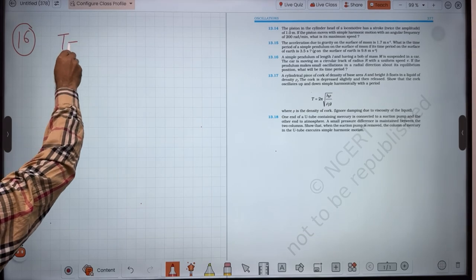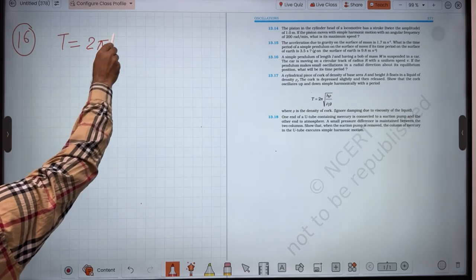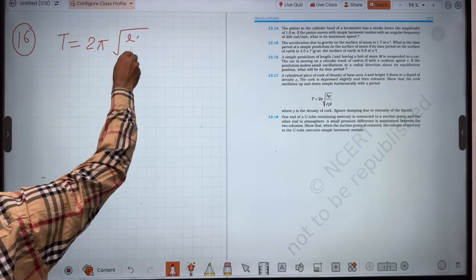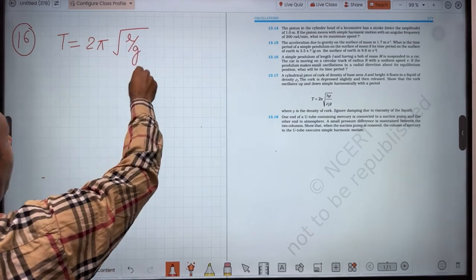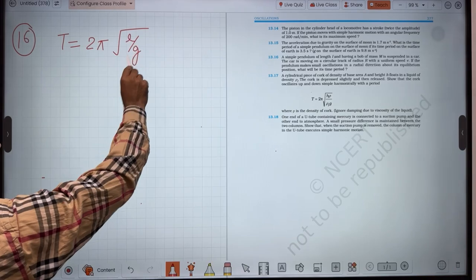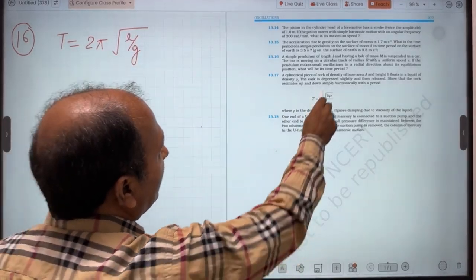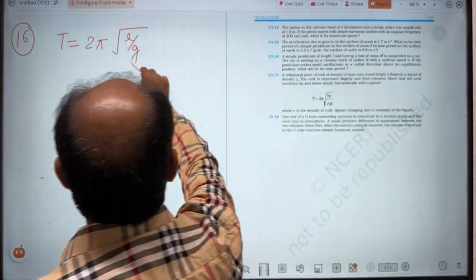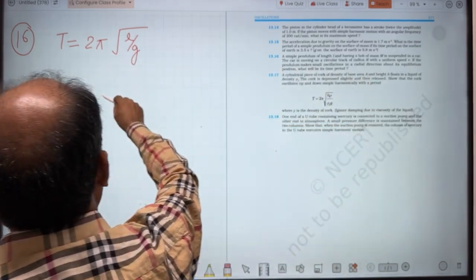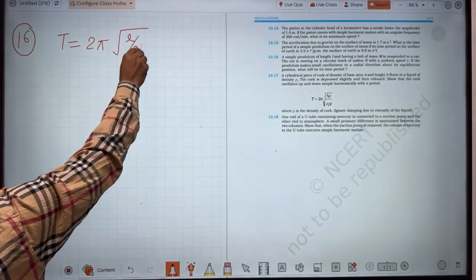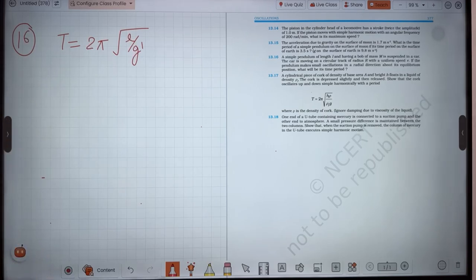T is given by 2 pi root of L upon g. Here, this value of g must be changed by the combined effect of acceleration due to gravity and that of centripetal acceleration. So let's write it as g dash. Our sole concern is to find the value of g dash.